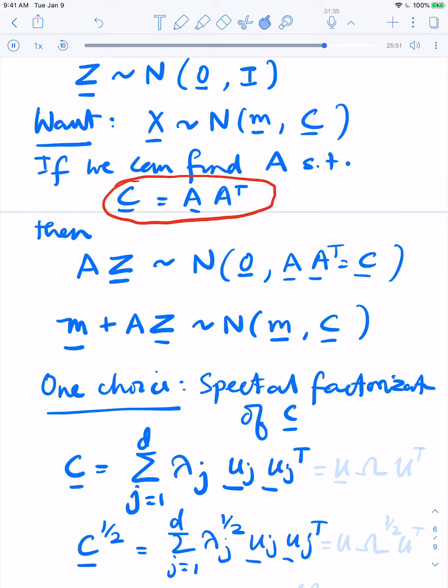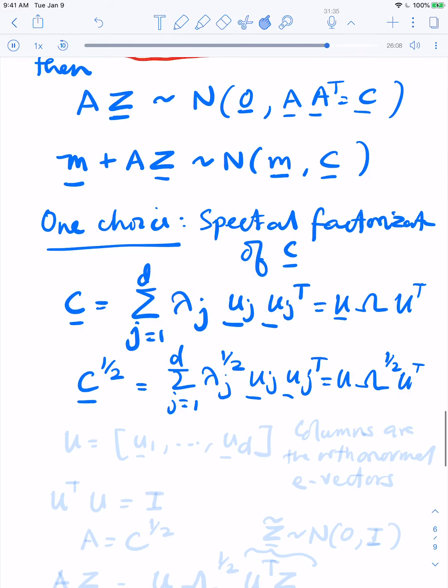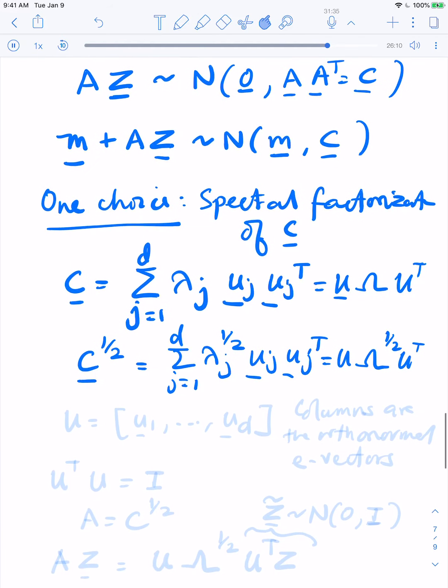Now the u_j's form an orthonormal basis, and I can also write these in matrix form as U lambda U transpose for the covariance matrix and U lambda to the half U transpose for the square root of the covariance matrix. So what is U? U has u_1 through u_D as the columns.